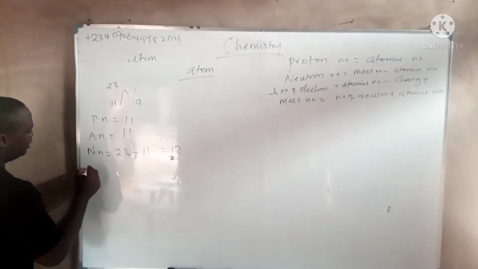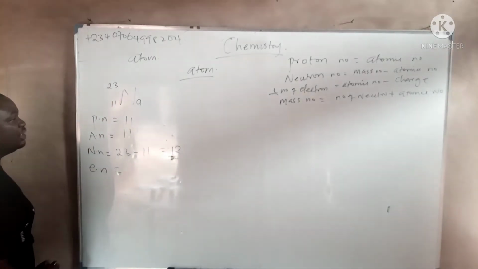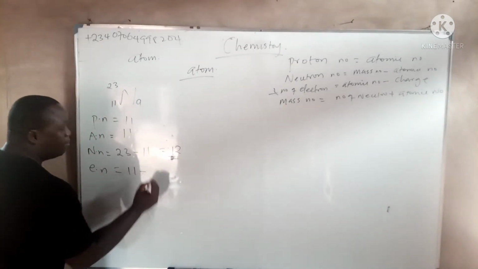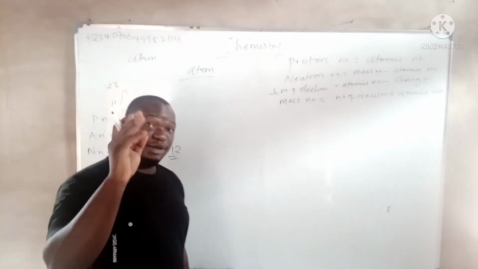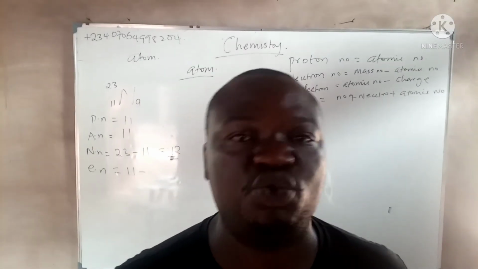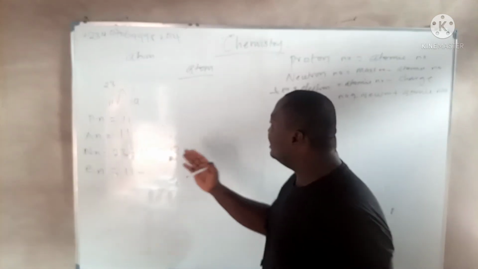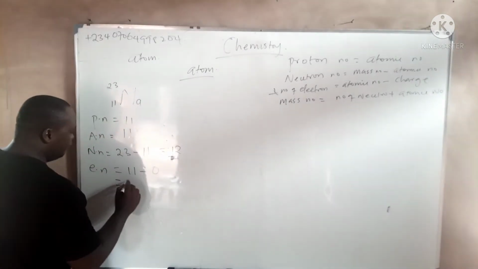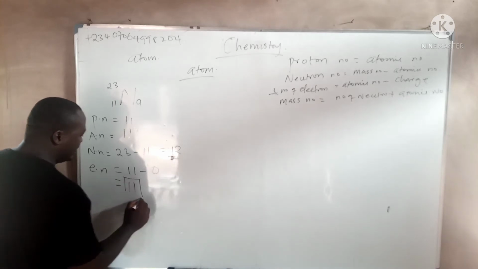Now the electron number is equal to the atomic number or proton number, which is 11, minus the charge. Remember, at the beginning of the video I told you the atom is electrically neutral. If it is neutral, it means the charge is 0. Therefore, the electron number is 11.